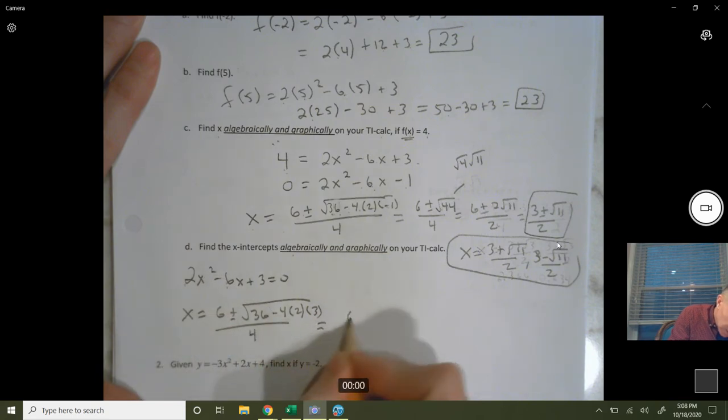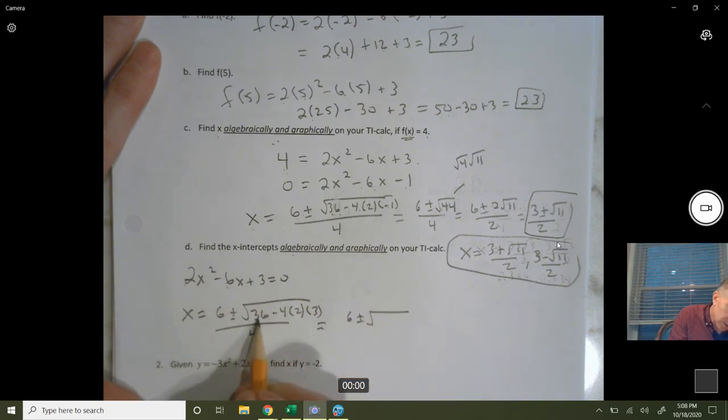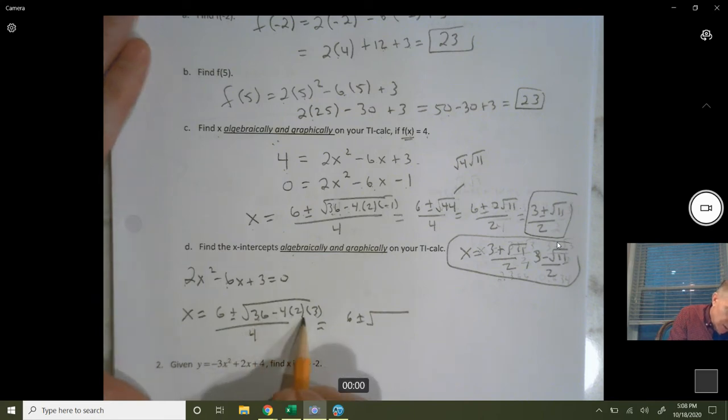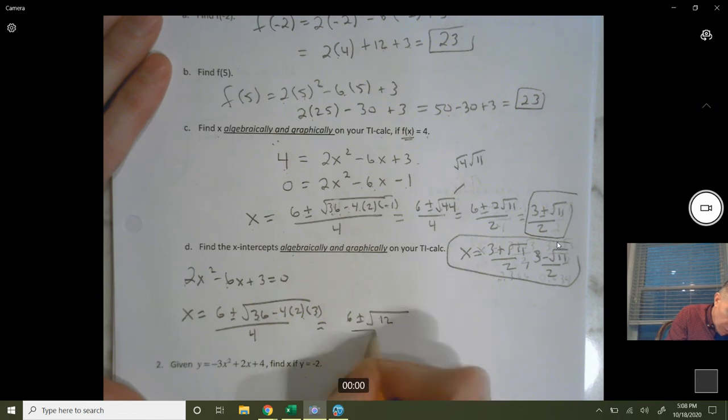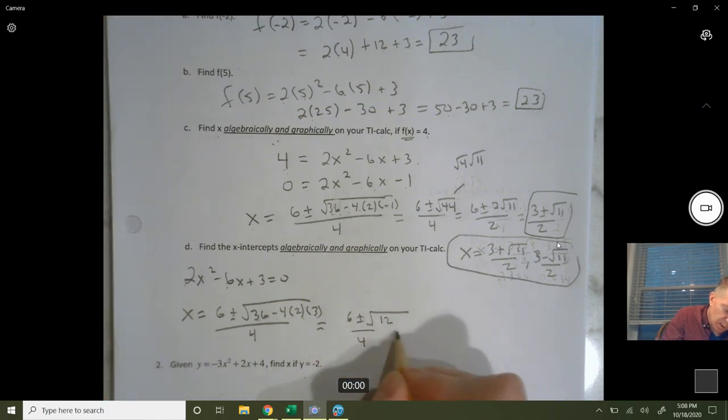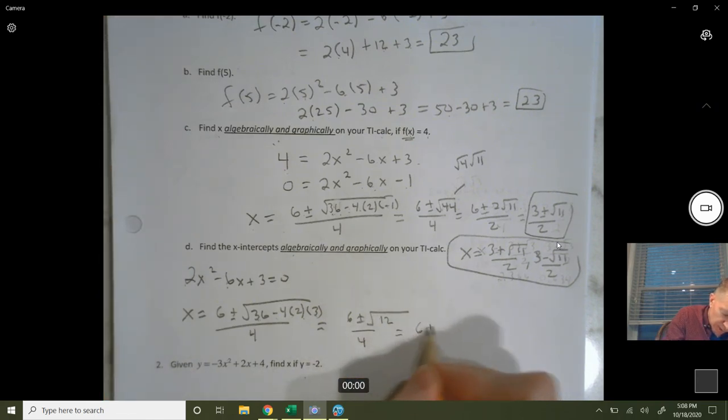Okay, 6 plus or minus the square root of 36 minus 4 times 2 is 8, 8 times 3 is 24. So 36 minus 24 is 12, over 4. Okay, which is 6 plus or minus 2 root 3 over 4.